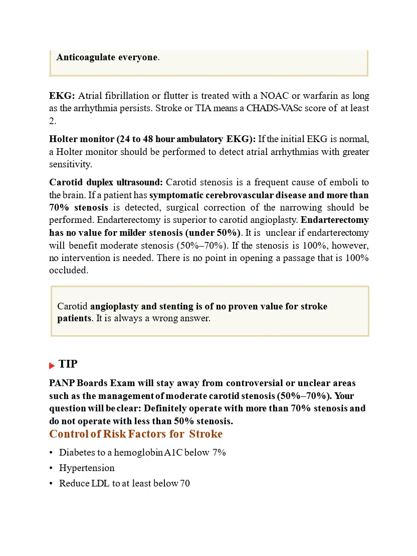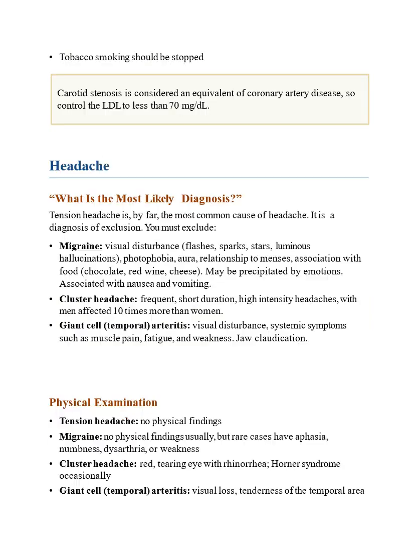And tobacco smoking needs to be stopped. There is a clinical tip which states that carotid stenosis is considered equivalent of coronary artery disease, so control the LDL to less than 70 milligrams per deciliter.